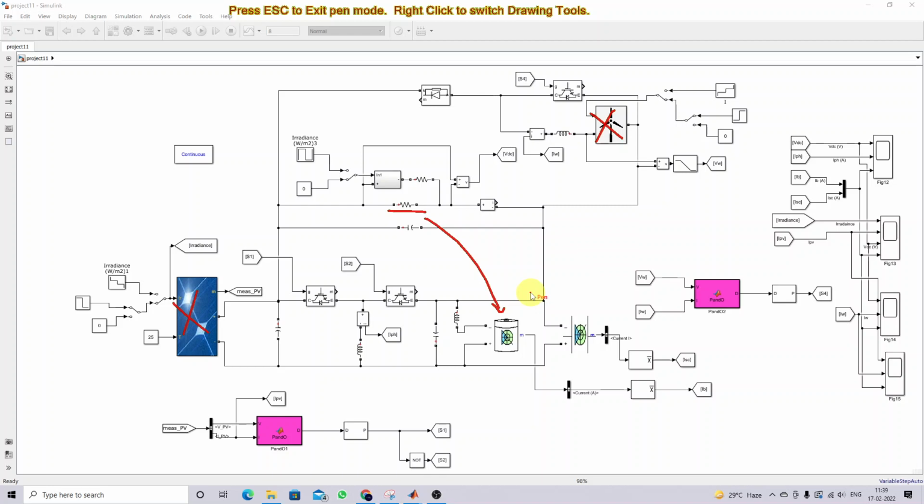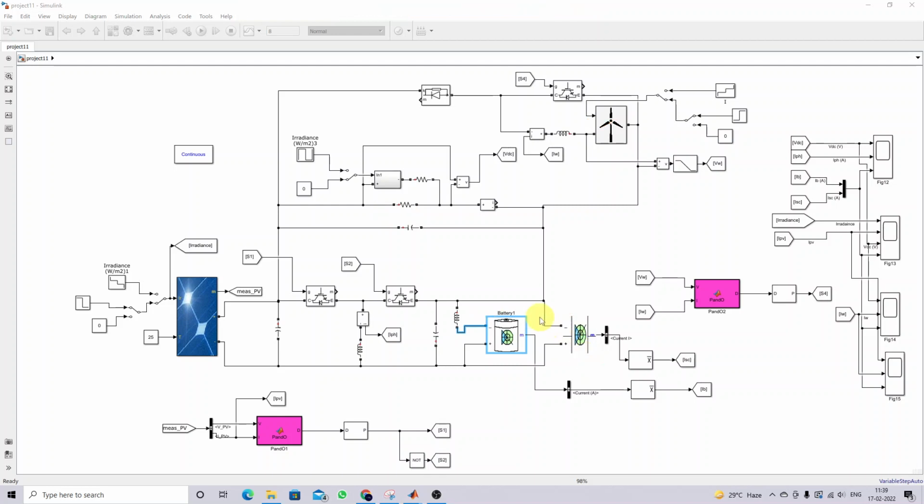Then we can operate this model with the PV, battery, supercapacitor and load without considering the wind energy conversion element. Also we can operate this same model with the wind energy conversion model, load, battery and supercapacitor.